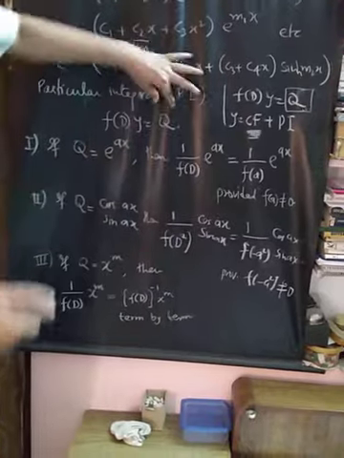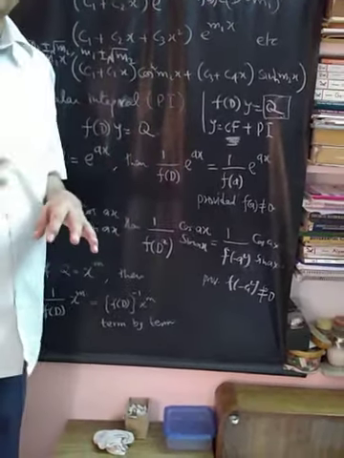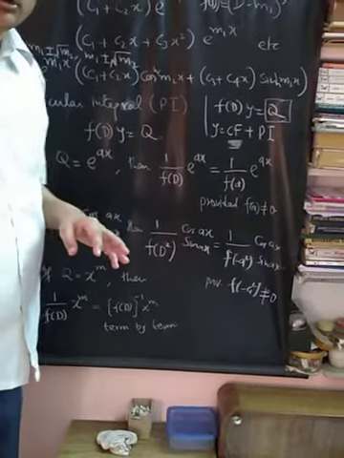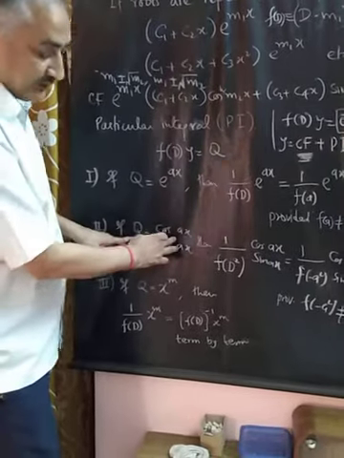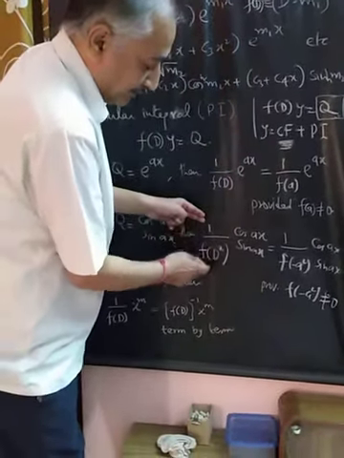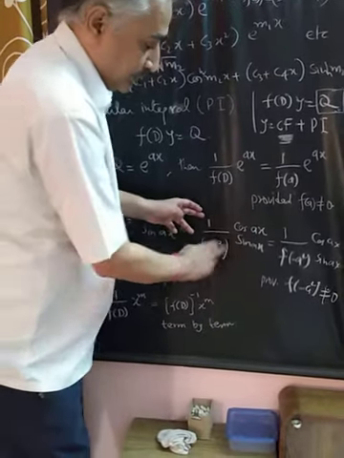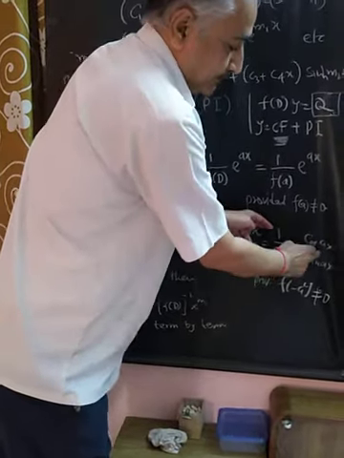Second case, if Q is a sine or cosine. I am not saying tan, cosec, secant or cot. Only sine and cosine. If Q is cos ax or sin ax, then I write 1 upon f(D squared) of cos ax as 1 upon f(minus a squared) cos ax.